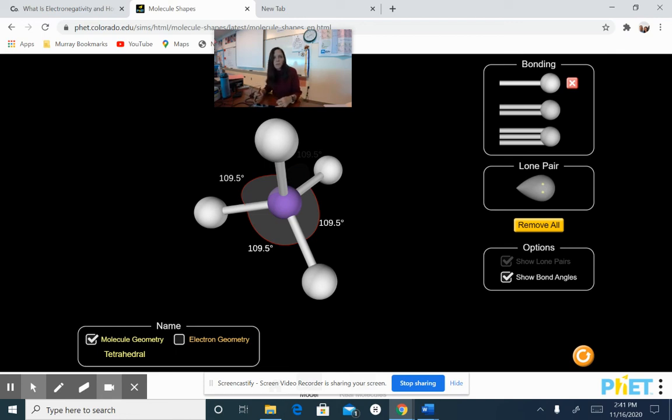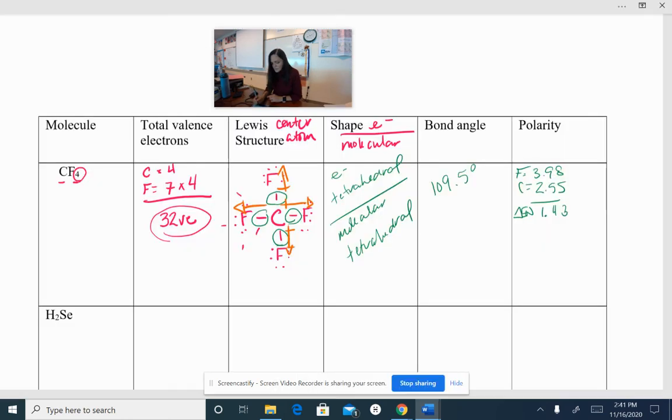Hopefully you said no, because if I have all equidistant dipoles and all equal strength dipoles, they're all going to cancel out when I put them on the whole molecule. So even though I have a fairly large dipole in each bond, they cancel out. And because they cancel out, this molecule ends up being non-polar. Okay? So our answer here is going to be non-polar.